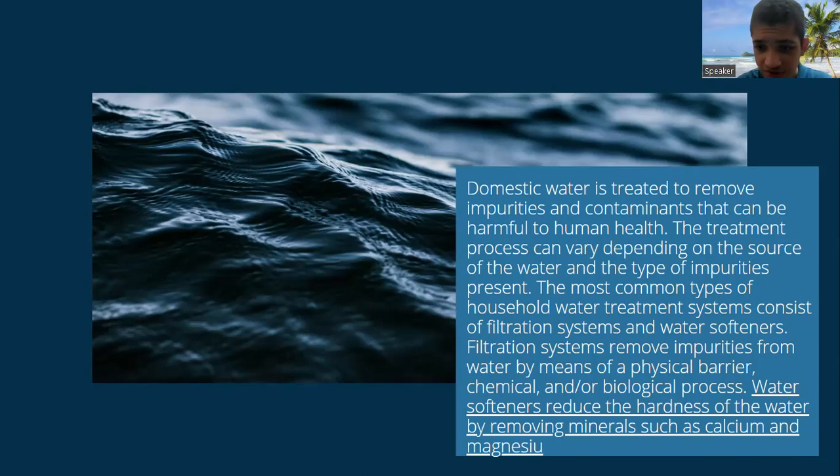Filtration systems remove impurities from water by means of physical barriers, chemical, and or biological processes. And water softeners reduce the hardness of the water by removing minerals such as calcium and magnesium.